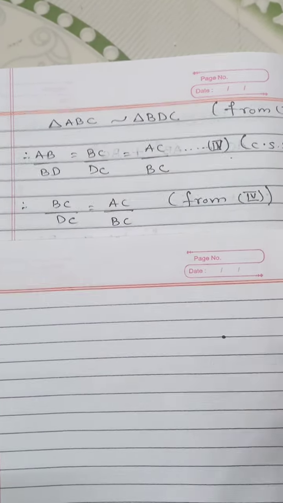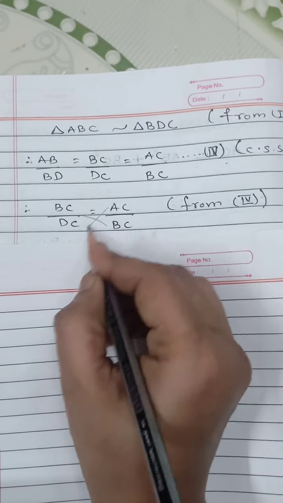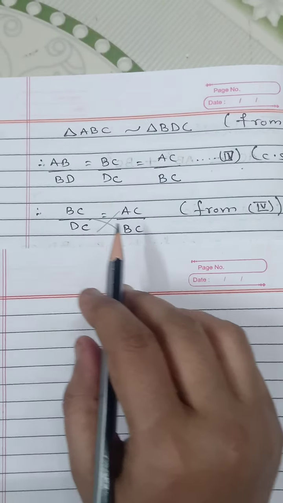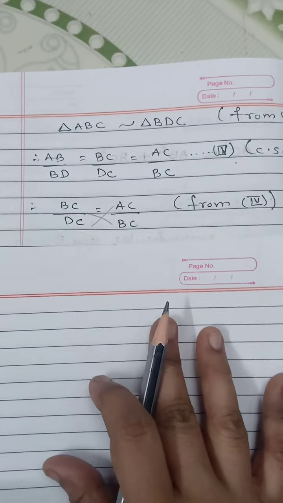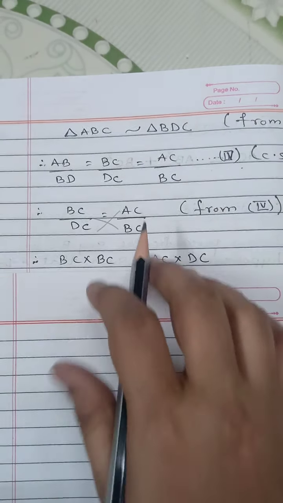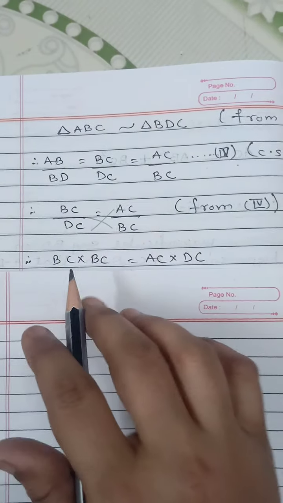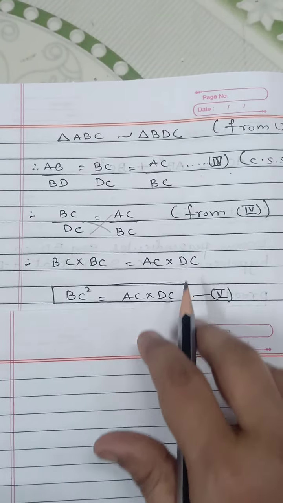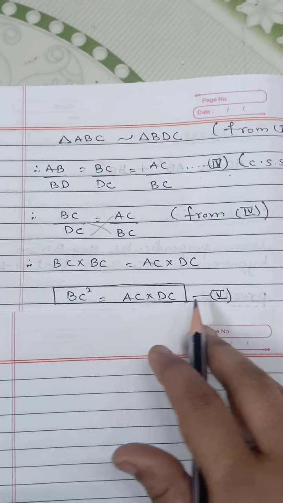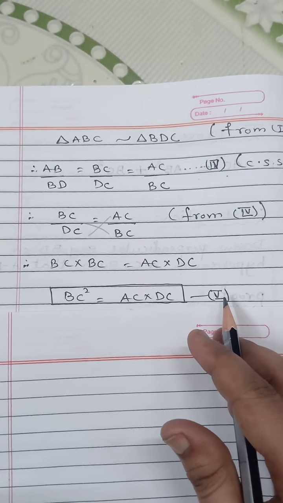After taking these 2 ratios, we will just cross multiply. So BC will be multiplied by BC and DC will be multiplied by AC. So BC into BC, then AC into DC. This BC into BC will become BC square, and AC into DC we have taken like that, and I have given it equation number 5.